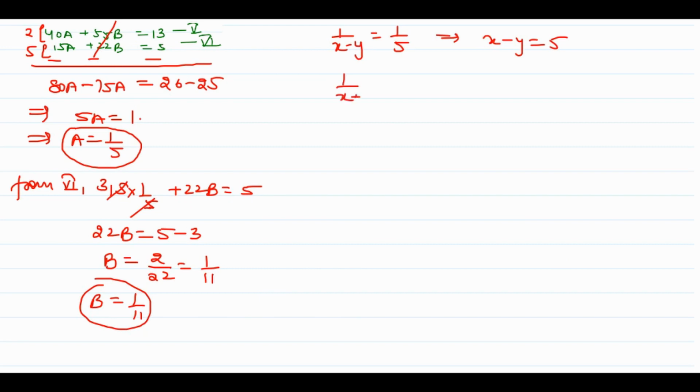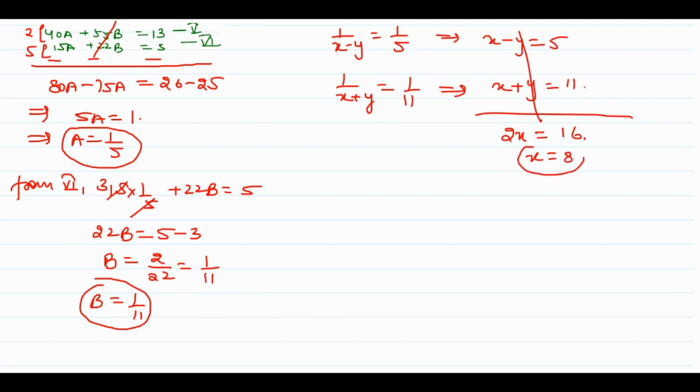And 1 upon x plus y is equal to 1 by 11, implying x plus y is equal to 11. So we get this cancelled. 2x is equal to 16. X is equal to 8. This is the first value we get, and if x is equal to 8, this implies 8 plus y is equal to 11, so y is equal to 3.